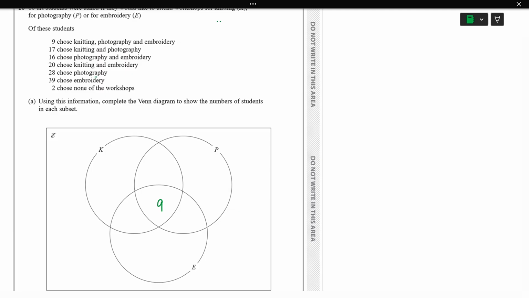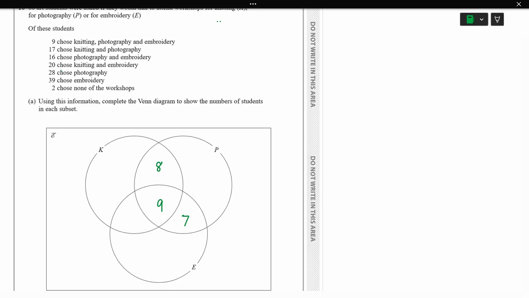Next, 17 choose knitting and photography. This is the area here, but 9 we already wrote, so 17 minus 9 is going to be 8. So here is 8. Next, 16 choose photography and embroidery. This common area here, 9 already here, so it is going to be 7.